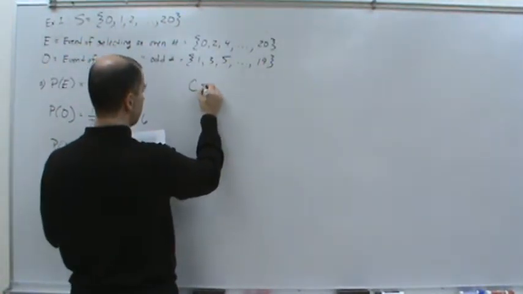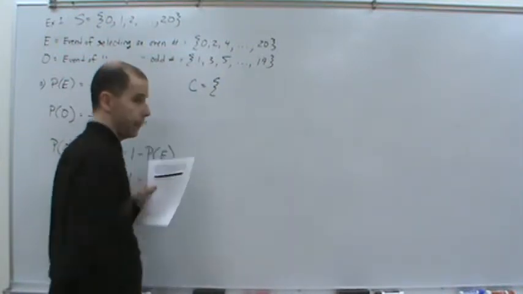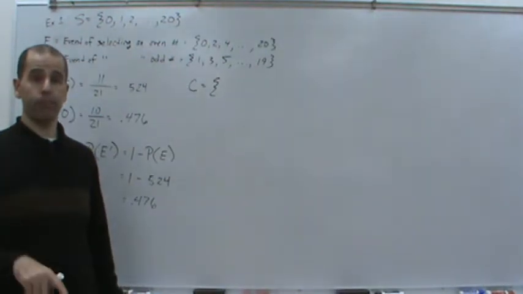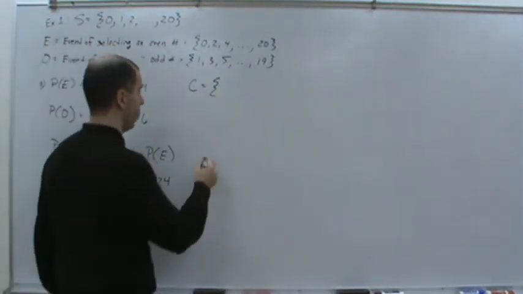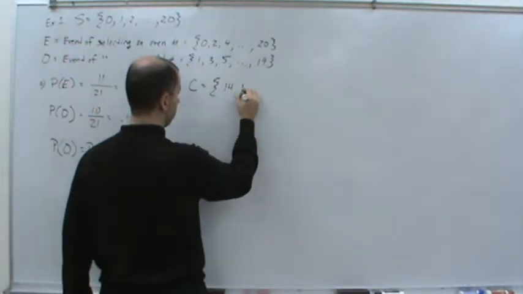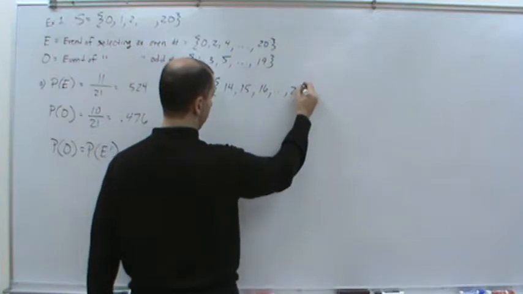Okay. So let's C equal the event that I have a number greater than 13. So this would be 14, 15, 16, all the way up to 20. Okay.